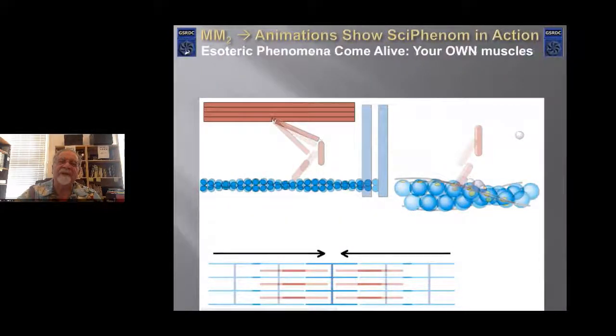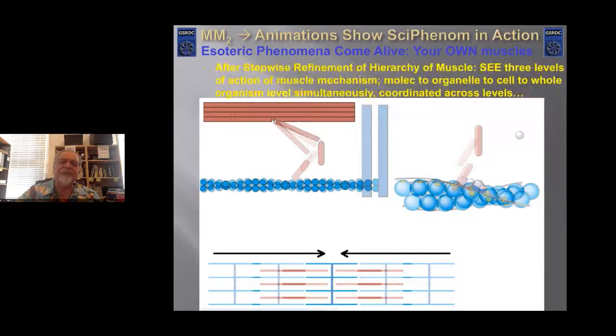Animations show science phenomena in action that a person can't see. Like, remember we did the hierarchy of muscle, and we went down to the actin-myosin level? Well, these are 3 animations that happen at the same time. They show the myosin going and attaching to the actin and pulling it, and when that does it, it pulls the extremes of the muscle together, and it causes contraction of the muscle, which is just like what happens when your whole muscle contracts.